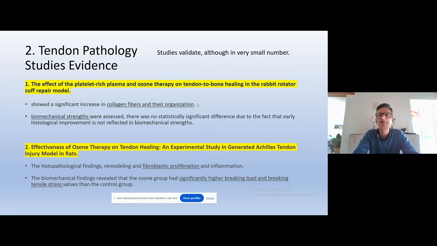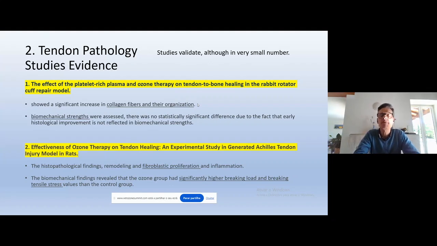By histological cuttings, they evaluated the collagen fibers, and they showed a positive result in the collagen fibers. In terms of biomechanical strength, they couldn't find out if there was a positive result, but they admit that the study was not long enough.